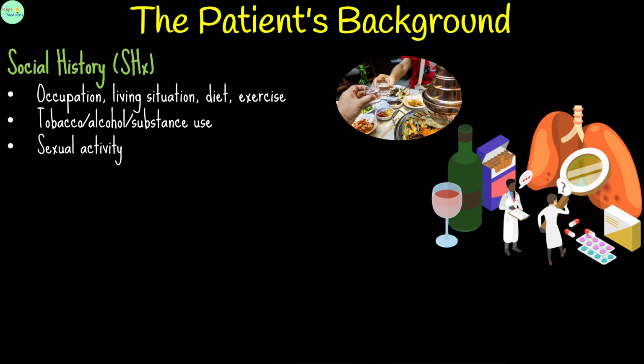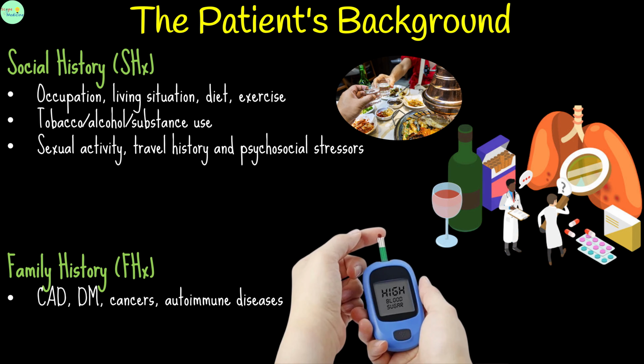It also includes sexual activity, recent travel history, and an assessment of psychosocial stressors. The family history involves constructing a brief pedigree. Focus on heritable conditions in first and second-degree relatives, such as coronary artery disease, diabetes, specific cancers, and autoimmune diseases.